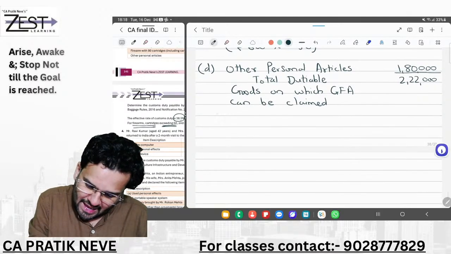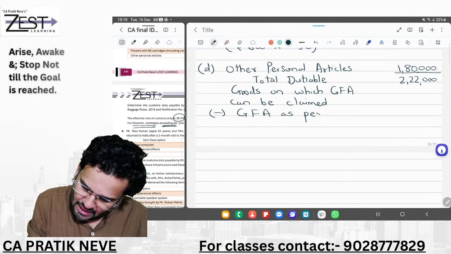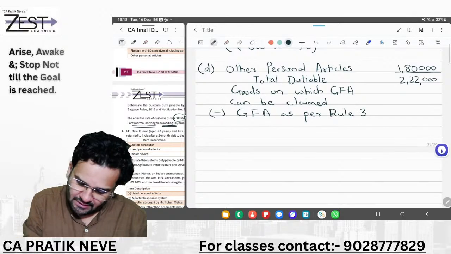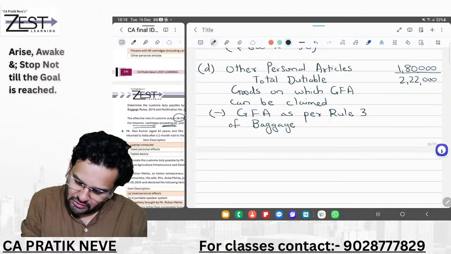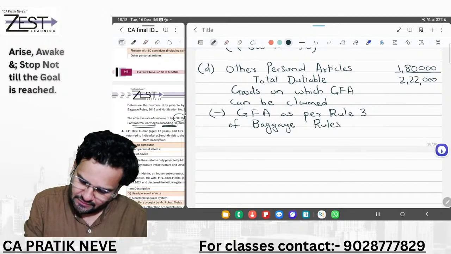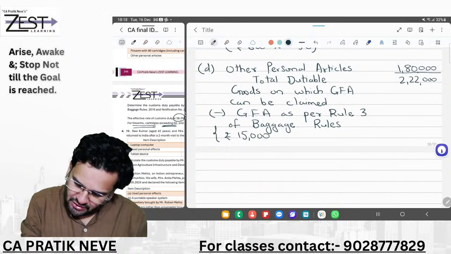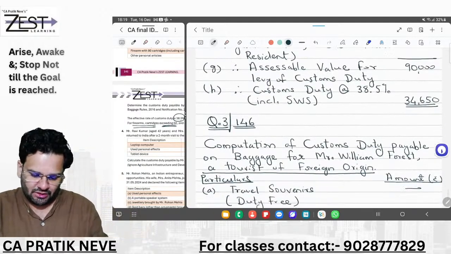Okay, less GFA as per rule, which rule? Rule 3 of baggage rules. So take this please, GFA. It will be rupees 15,000, being, why 15,000?